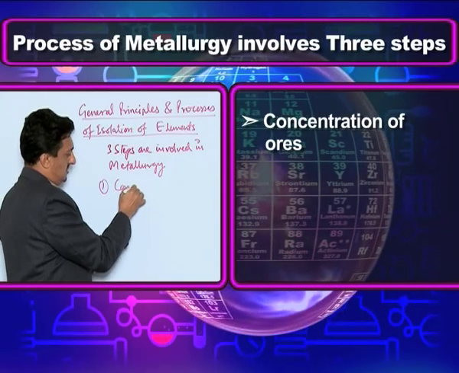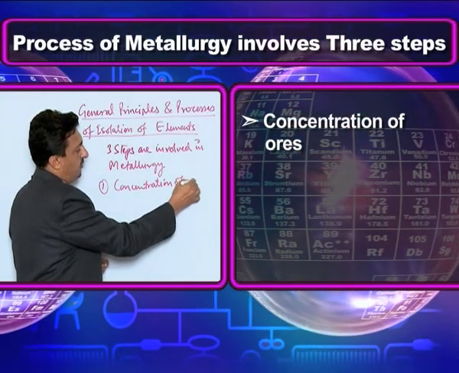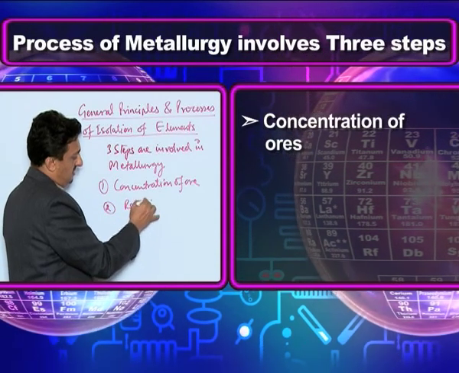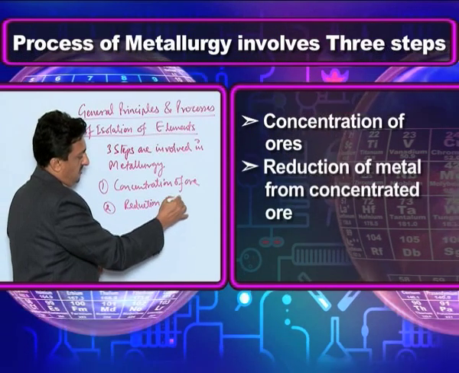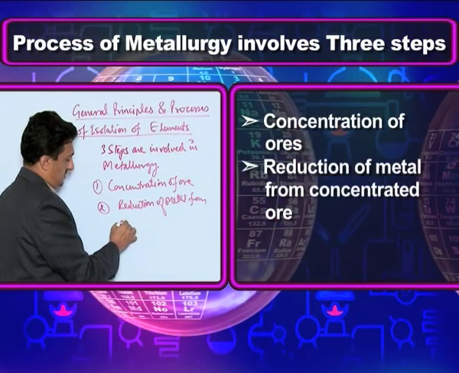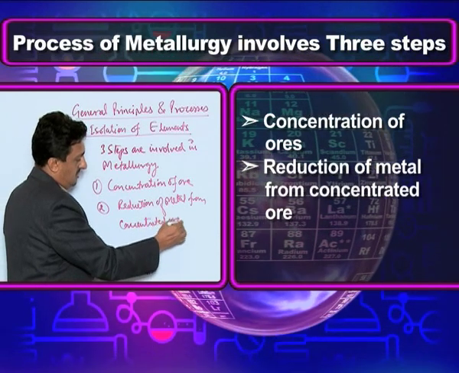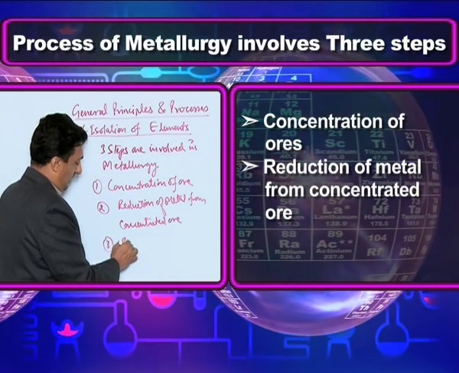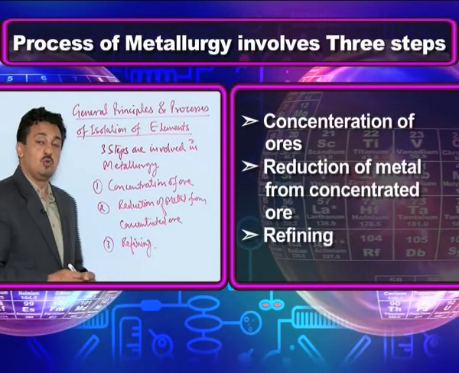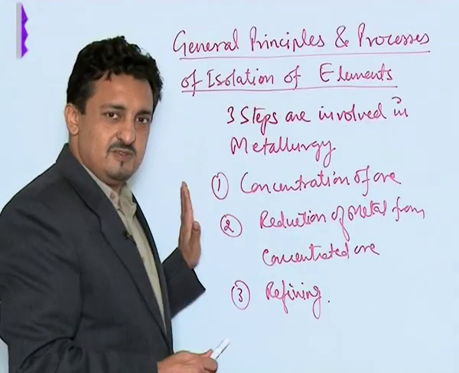First is concentration of ore. Then reduction of metal from the concentrated ore. And then, in the end, refining of the crude metal. So metallurgy involves these three steps.